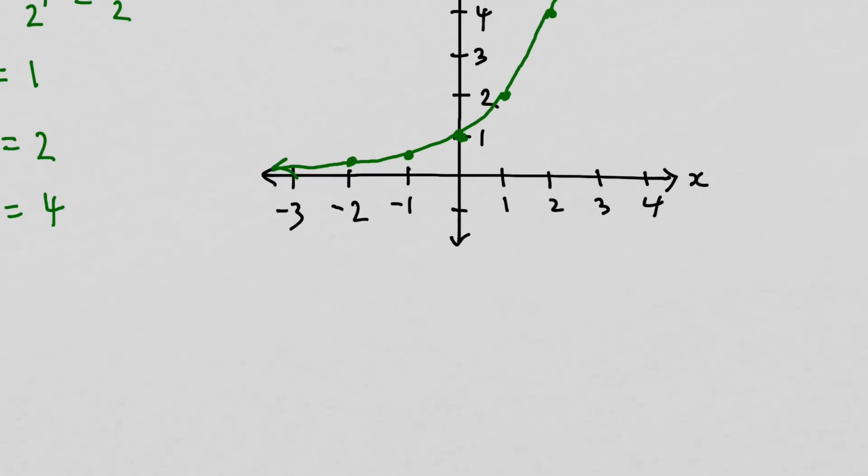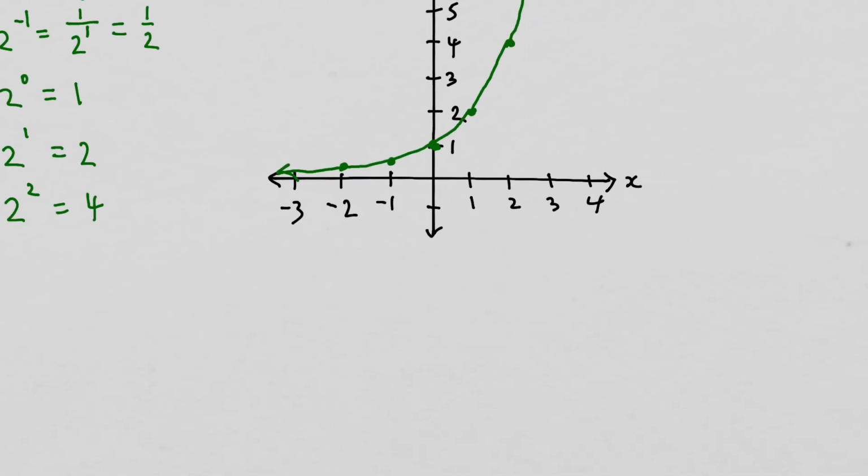And when you have that scenario, what we call the x-axis becomes what's called the asymptote. An asymptote is an invisible line where the graph is approaching it and it gets closer and closer but never touches it. So that's called the asymptote.